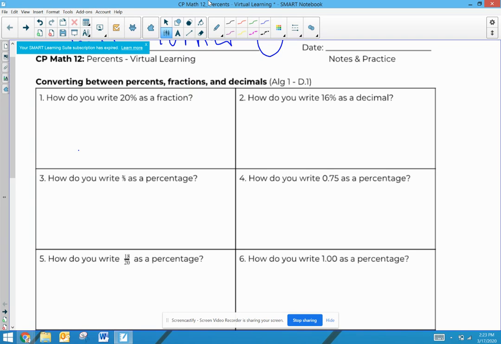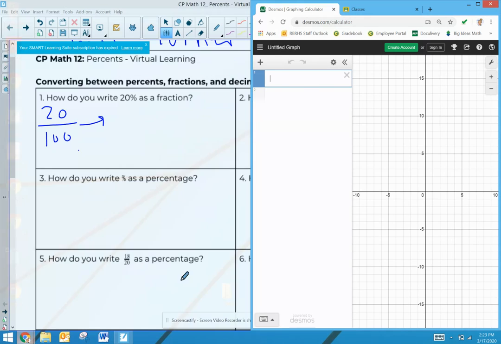So number one, how do you write 20% as a fraction? So percent means per 100. So all I do is put 20 over 100. So that's a fraction, but we want to reduce. So if you go back into Desmos, you could put 20 over 100.